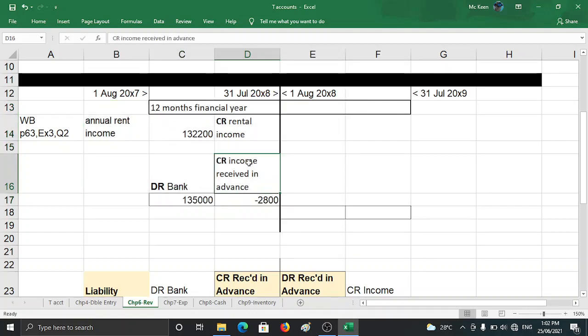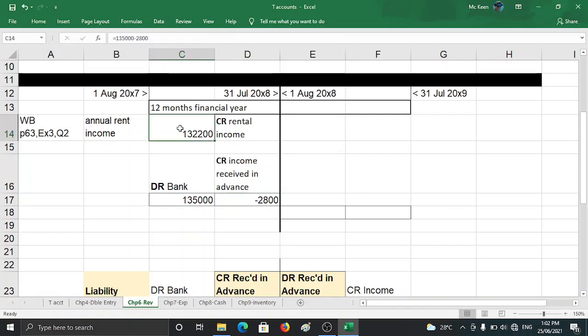So the following year, rental income is actually received in advance because this 2,000. This 2,000 received in advance. It's not for this year, it's for the following year.